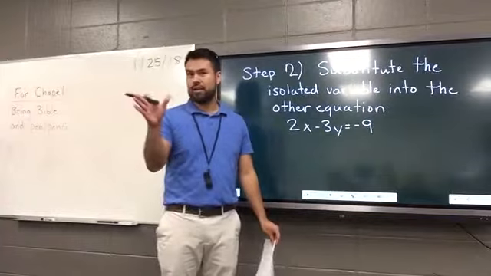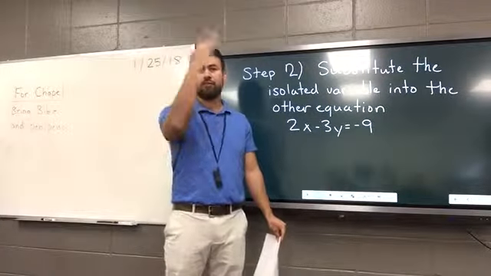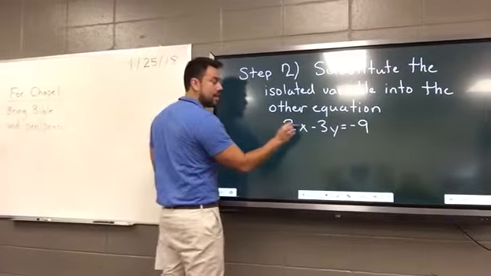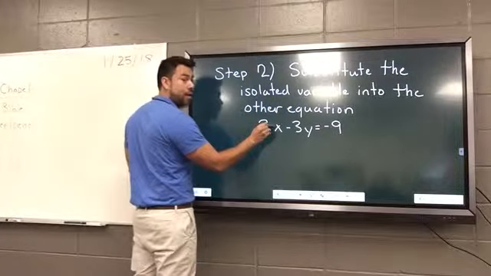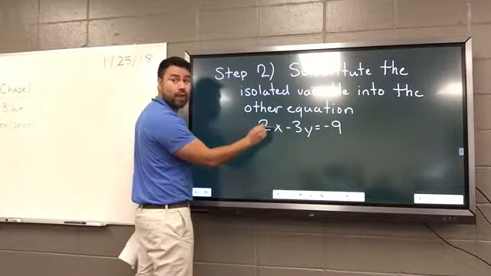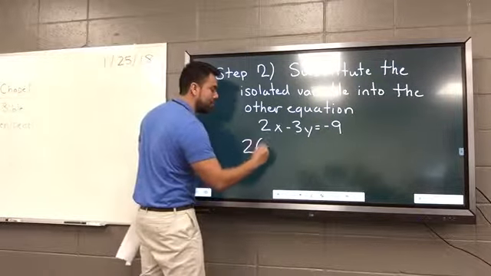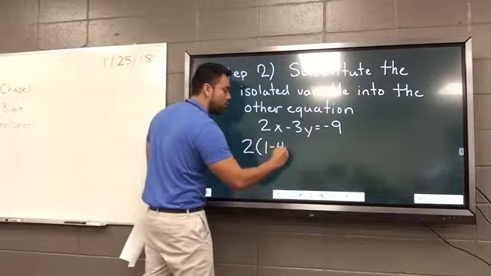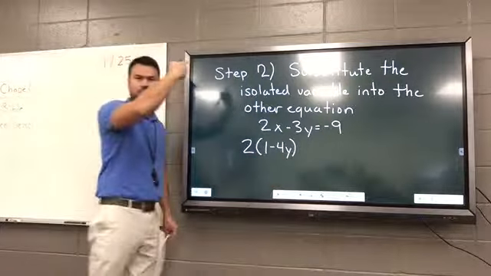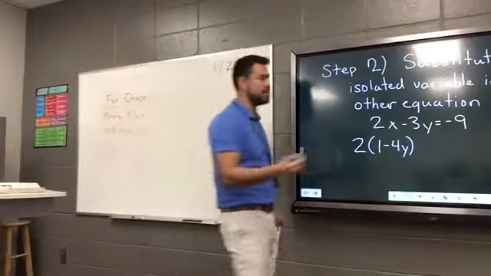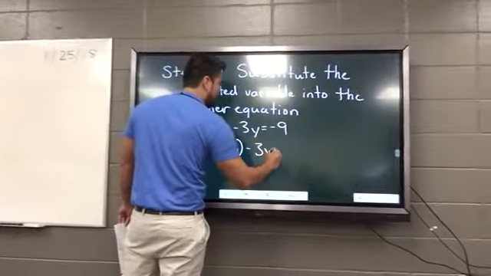Do you guys agree with me? 1 minus 4y from the first step. Do I know what that x equals? 1 minus 4y. So I'm going to substitute. Instead of x, I'm going to put 1 minus 4y. Isn't that what I said in the first equation? So technically that's it. And I'll review this in just a moment.